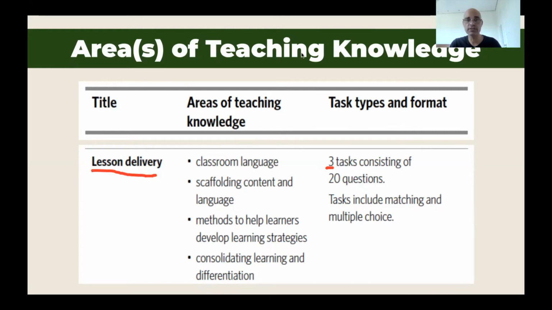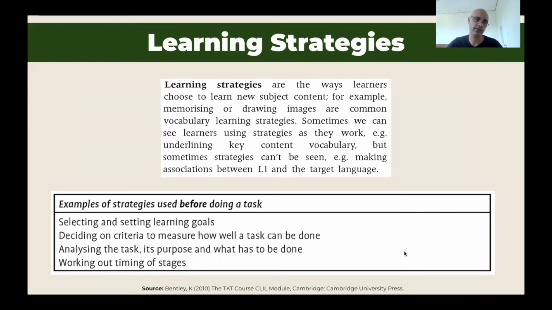And of course, since we are talking about learning strategies here, this is a task about methods to help learners develop learning strategies. It's quite obvious, right? Because we don't need to be looking for what area of knowledge we are focusing on now. It's very clear. So what are learning strategies?